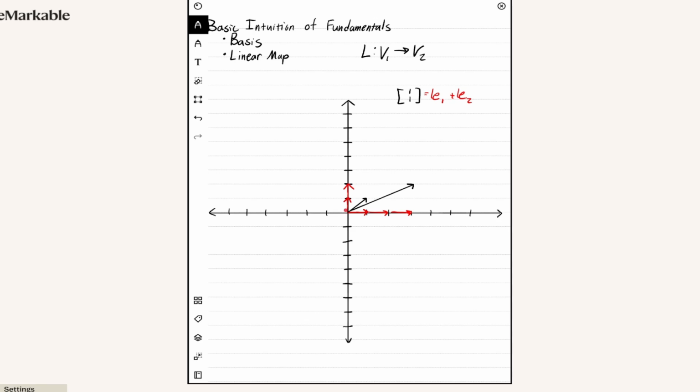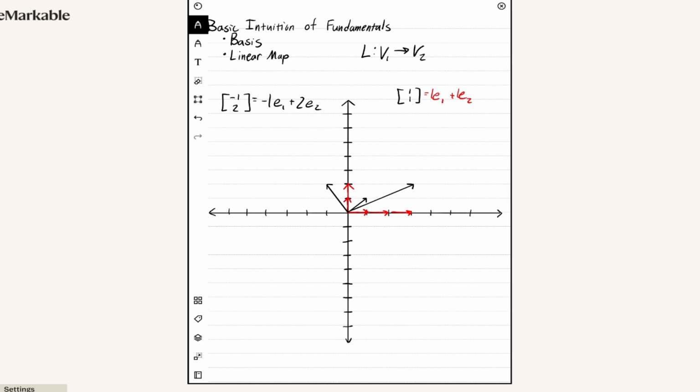Let's say that we start with the vector -1, 2. It would be equal to -1 E1 plus 2 E2.